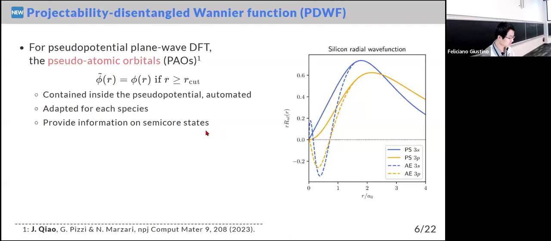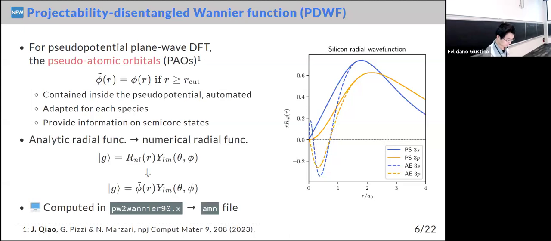Additionally, they also provide information on the semi-core states. For instance, you have these deep energy states, and these projectors already have different radial nodes, so they can already differentiate different projections. You cannot write 2S projection with the same radial function, radial nodes in your Wannier90 projection block, otherwise you can't get good Wannierization. But here, since they have the correct radial nodes, they can directly give us good Wannierization for both semi-core and valence electrons, though most often you won't need the semi-core states.